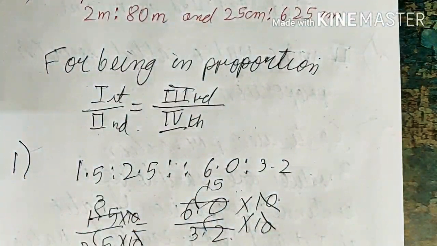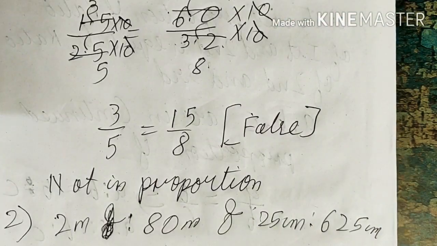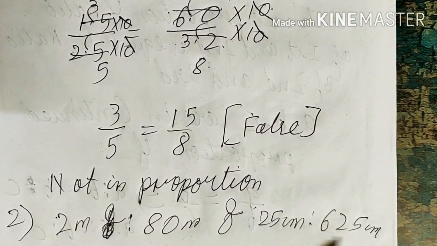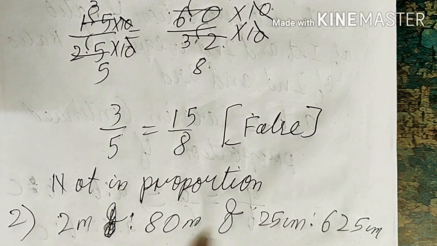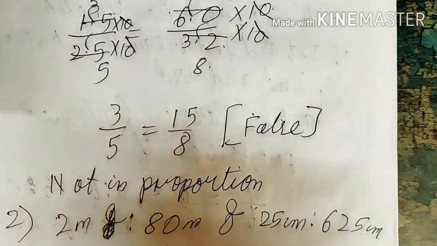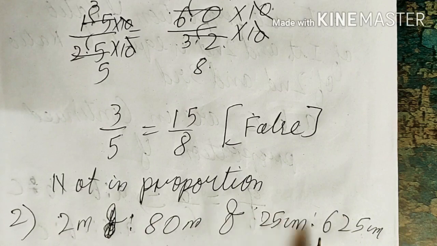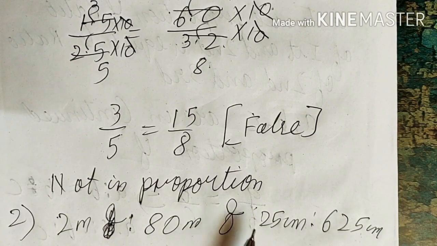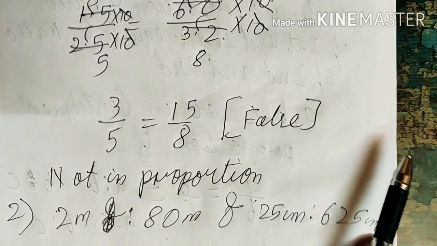Unit doesn't matter between the ratios, but in one ratio the values should be in the same units.